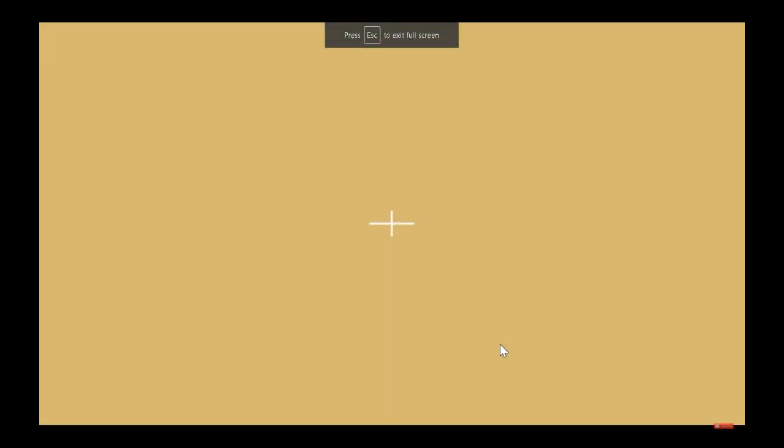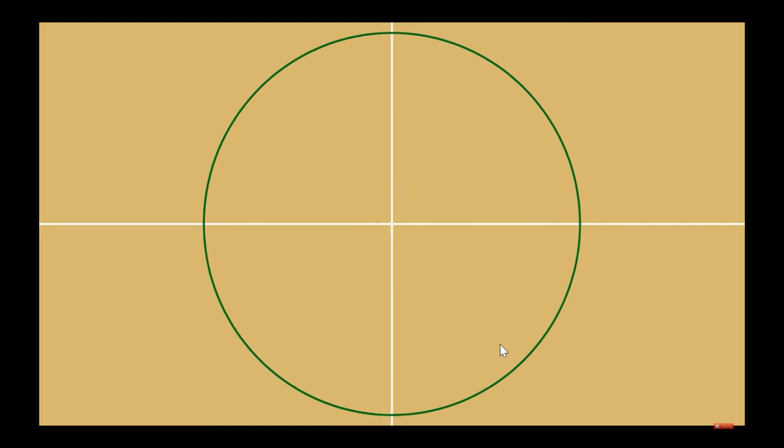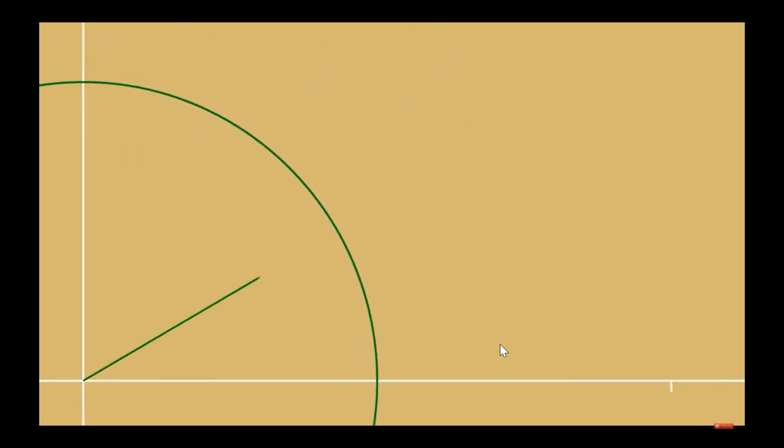Well, the music's off. Okay. So that's the unit circle with 1 on each side. So now here's just quadrant 1. There's that first 30, 60, 90 triangle I drew.